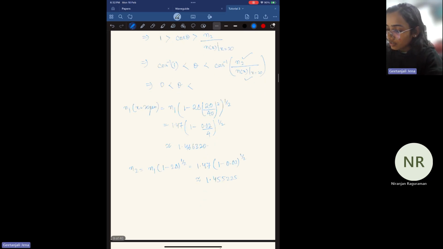Okay, so now cos inverse of N2, 1.455225, over 1.466320 will come around 7.05 degree. So theta should lie between 0 and 7.05 degree.